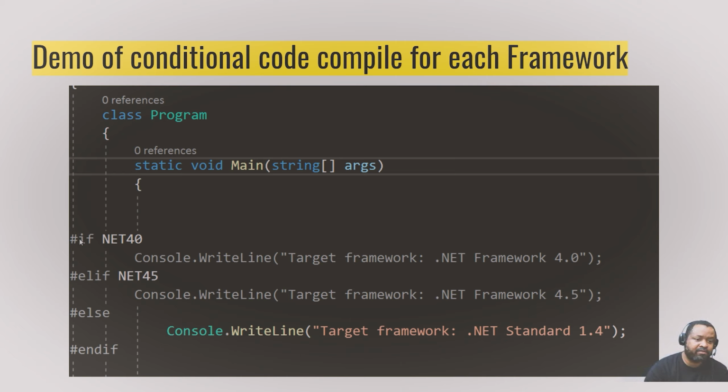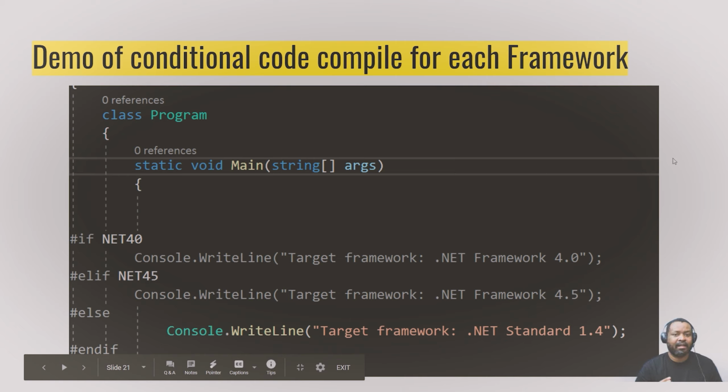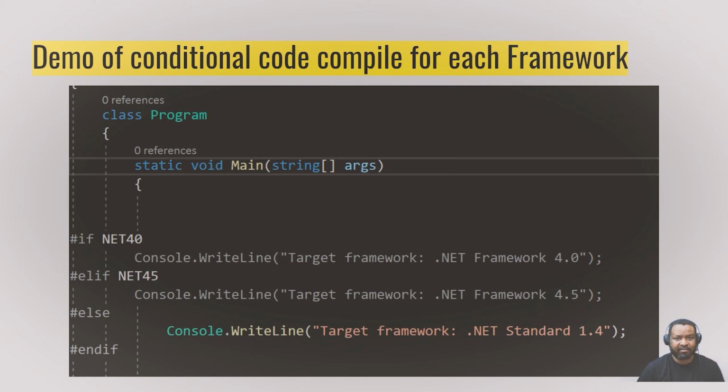So if right now we had our target framework set to 4.0, then the code would just execute for this section and vice versa. I don't know, we'll probably come back, but I just wanted to really touch on what's going on in a project file. I don't know how many people know, I don't know how many people care. I guess I'll find out when I post this video.